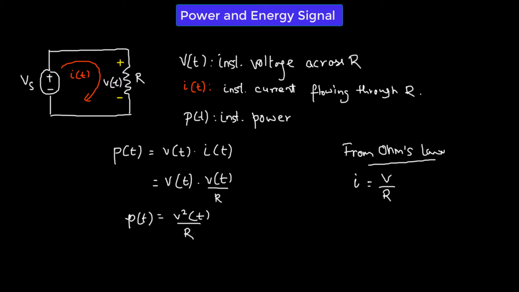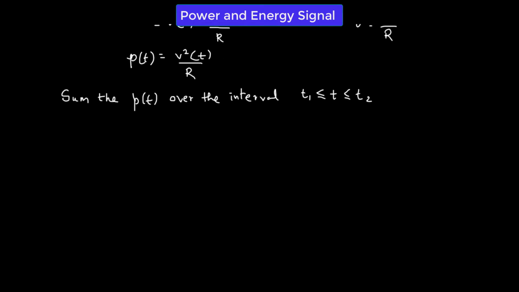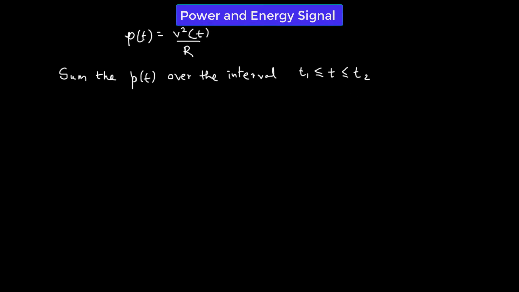So now that we have the expression for the instantaneous power, we're going to sum the instantaneous power over the time interval t1 less than t less than t2, and summing the instantaneous power over this particular time interval is going to give us the energy of the signal.